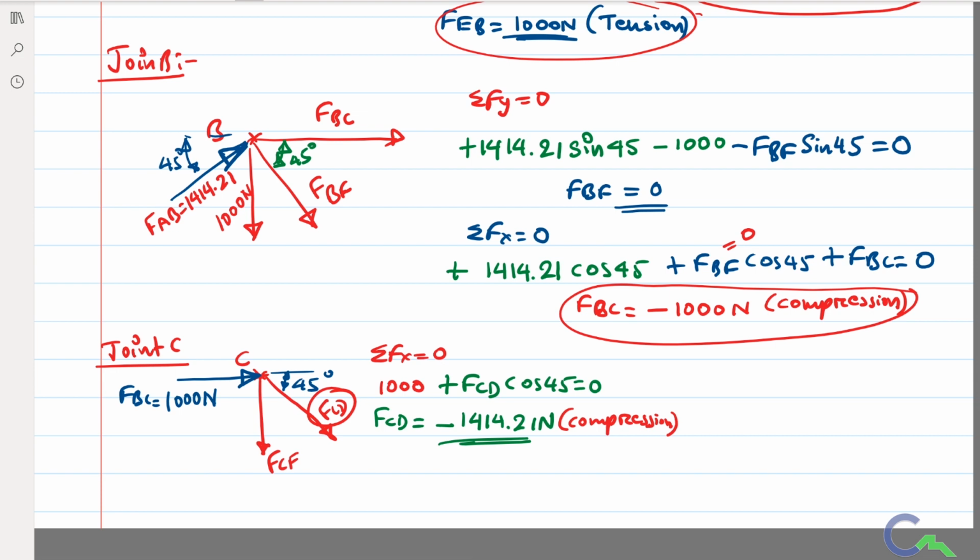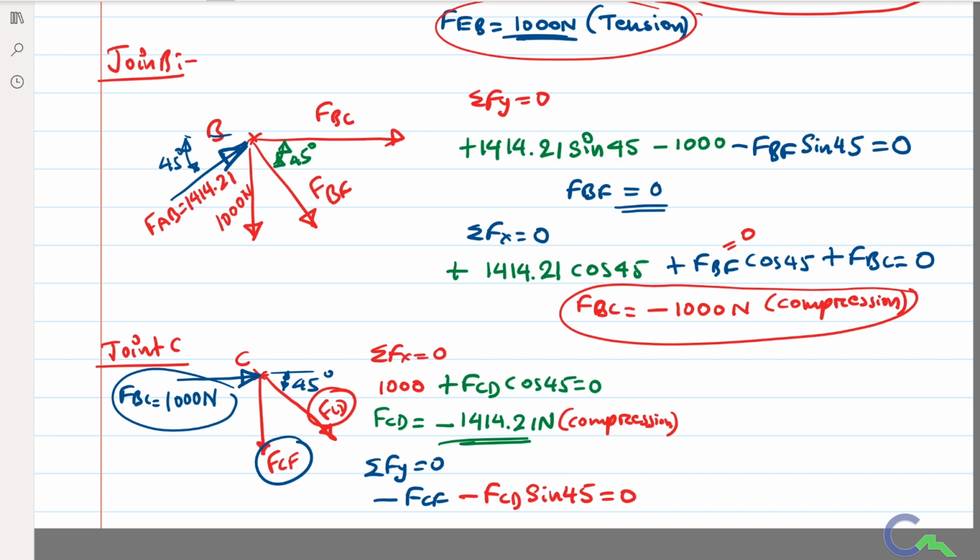So one more condition, summation of vertical forces is equal to 0. So vertical forces are FBC, there is no vertical component. FCF is acting downward, minus FCF. If I resolve that FCD in vertical direction, it is going to move downward. Therefore I will take minus FCD sin 45, because the angle is given with respect to horizontal, that is equal to 0.